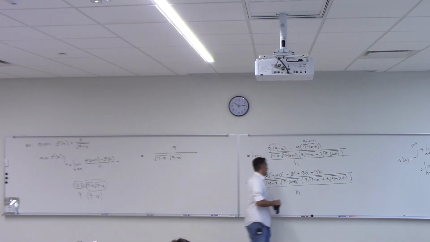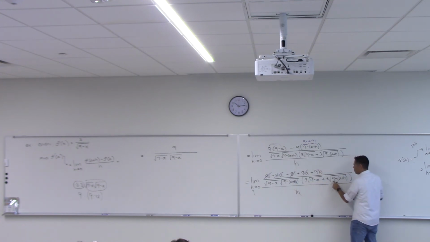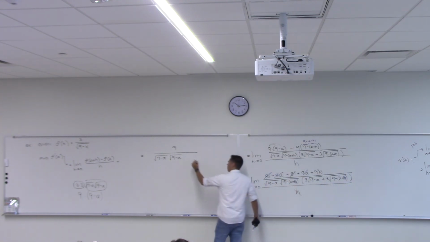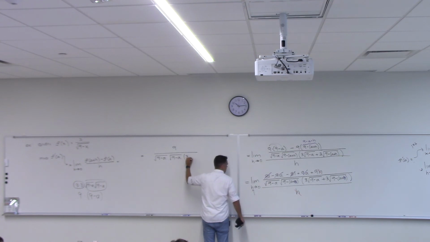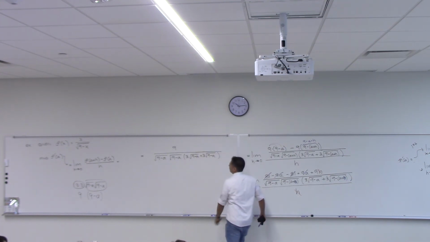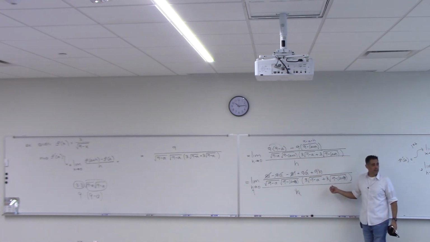And then this is 3 times the square root of 9 minus a plus 3 times the square root of, hey, same thing. That h goes away. So I'm going to write it this way: 3 square root of 9 minus a plus 3 square root of 9 minus a. That's what we have.